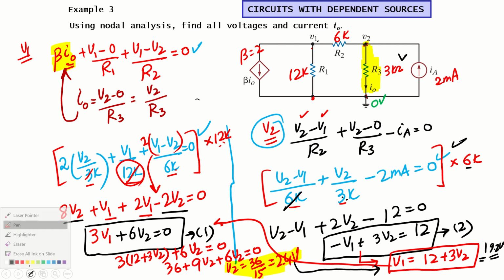So there, we need to put up minus 12 here. Why minus 12? Basically V1 will go to the other side, and this 12 will come to this side. So minus 12 plus 3V2.